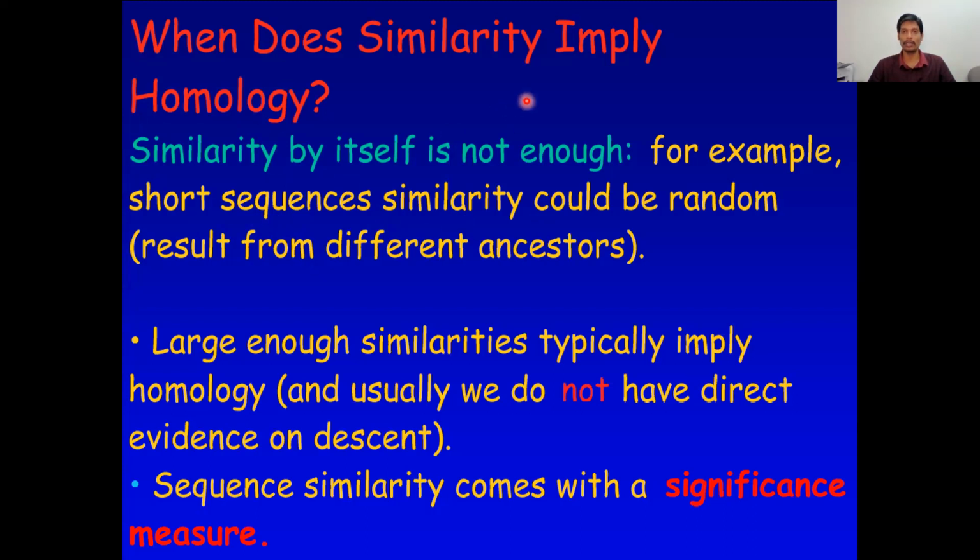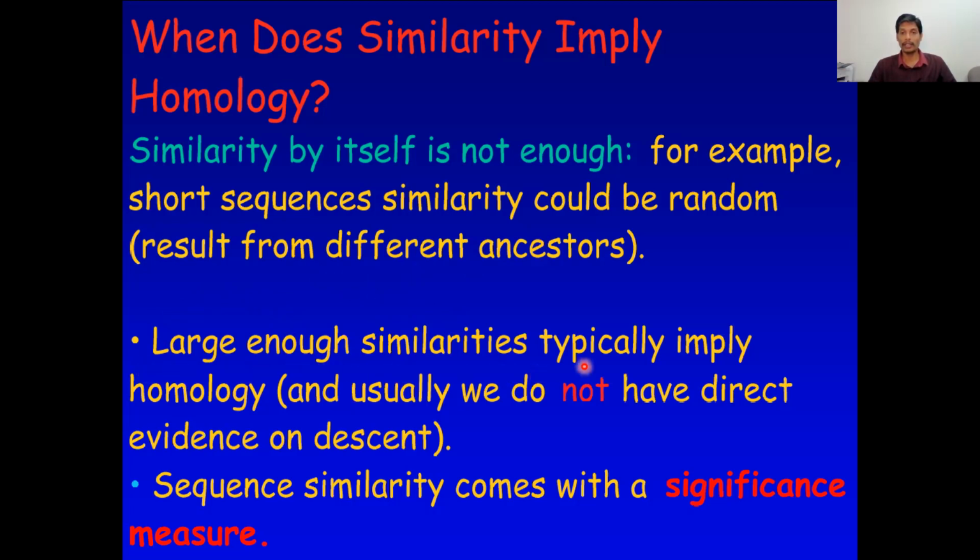For example, if you take maybe five nucleotides, like ATCGC, a very short sequence, it is randomly present in most organisms: in humans, in bacteria, and sometimes in other organisms also. So just similarity is not enough. We should have a common ancestor. That is the main point in comparing homology.